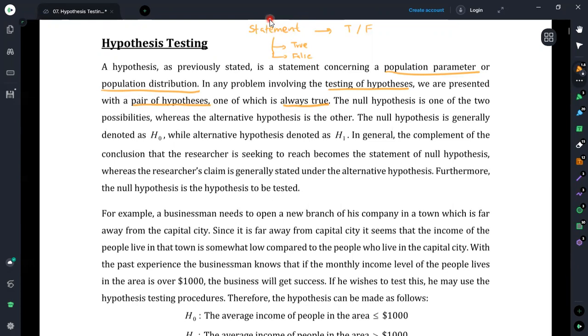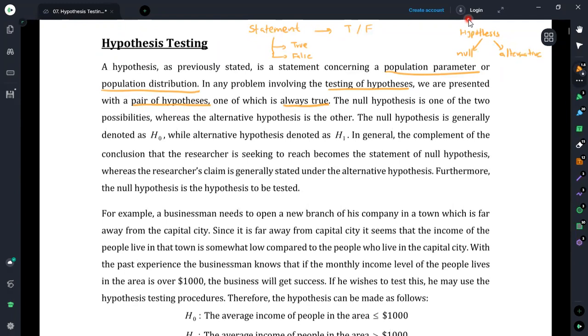The only thing we know is that one of these statements would be true and the other would be false. When we talk about the testing of the hypothesis, we have two statements for the hypothesis. If you take a hypothesis, we can divide this hypothesis into two parts. One is the null hypothesis and the next one is the alternative hypothesis.